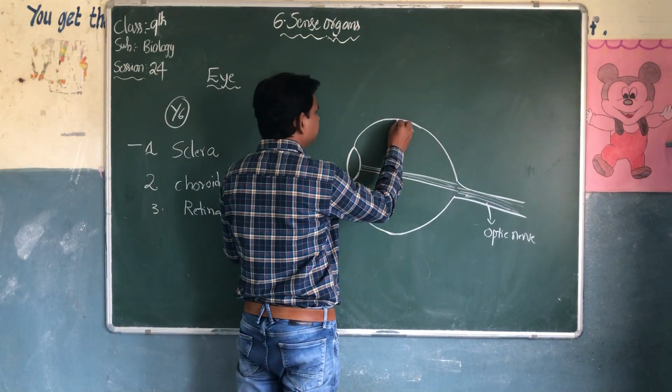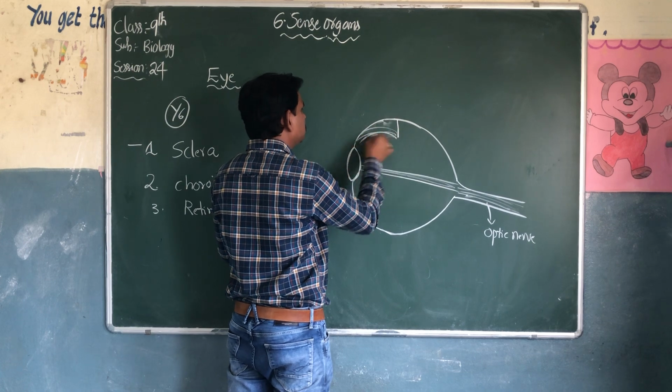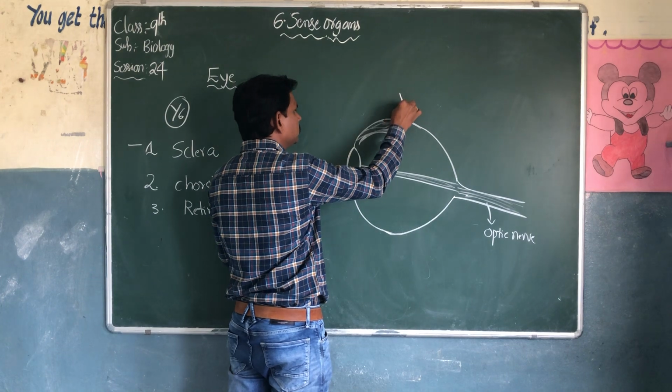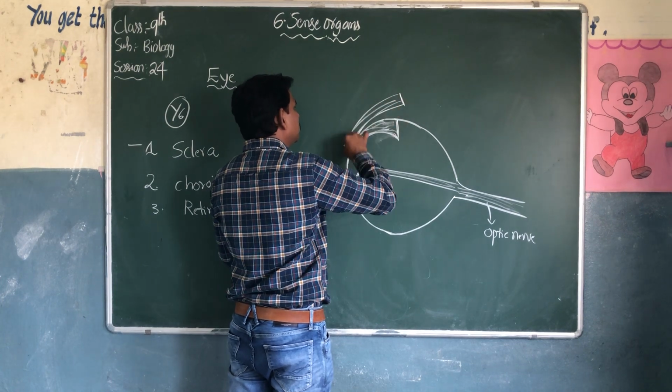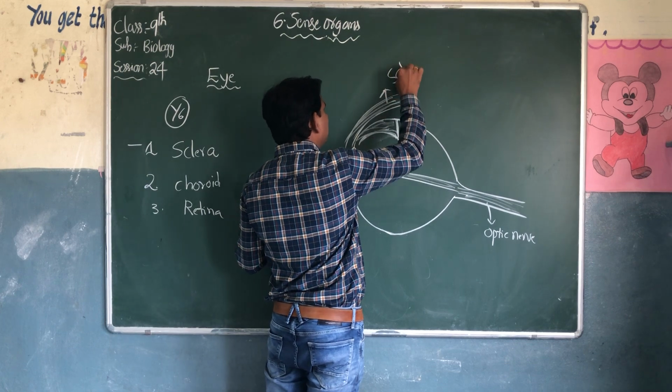You can see the outer colored part is called the sclera.